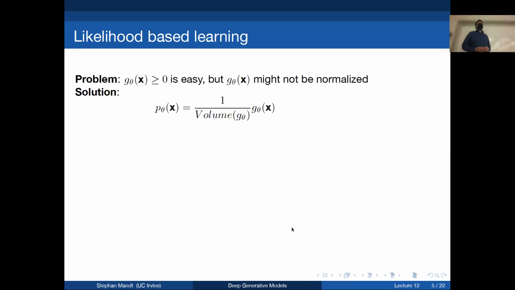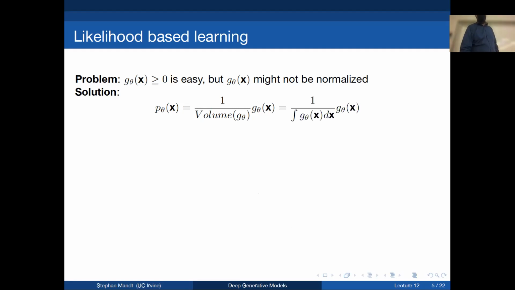Now, what is an easy fix to that? Well, the simple fix is to slightly redefine the resulting probability density that we want to construct based on that function g. Namely, instead of just saying g equals the probability density, we explicitly normalize that function. In other words, we divide it by the volume under that function g of theta.